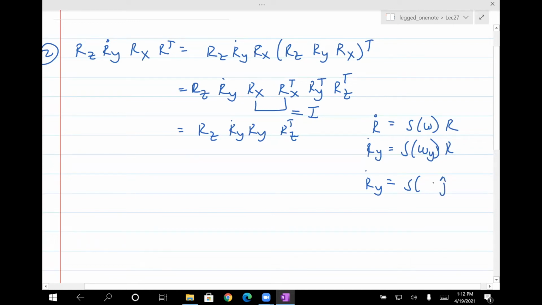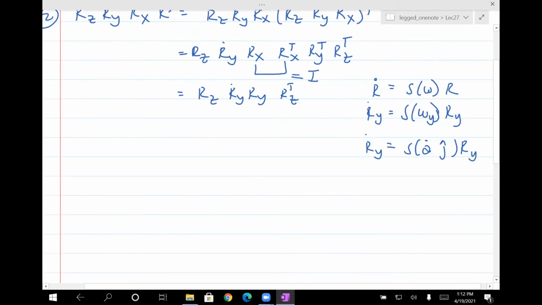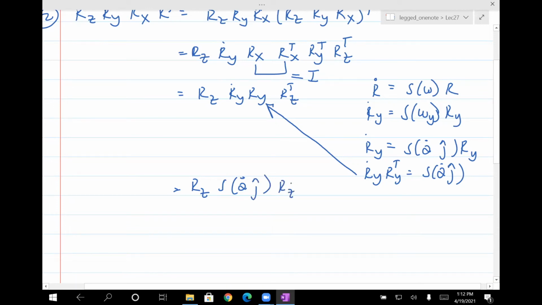So that's J times the rotation, in this case theta dot, times R. This should be Y. So then we can write R dot Y R transpose, that is post multiplying it with Ry transpose, gives us S theta dot J. Okay, so this goes in right here, and we get Rz S of theta dot J Rz transpose.